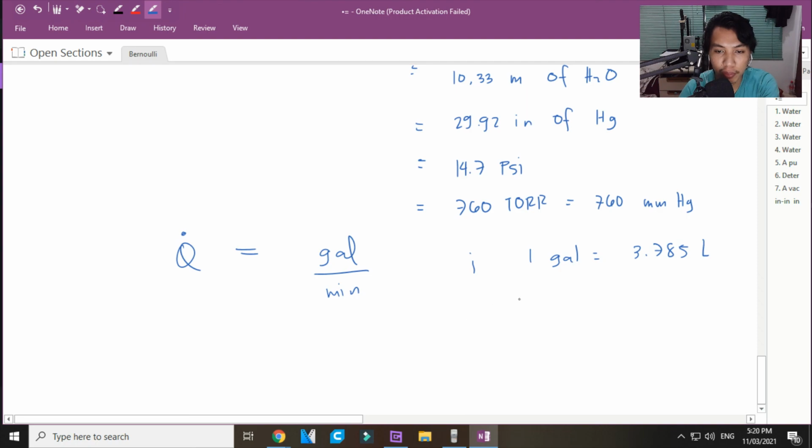One cubic foot is 7.481 gallons. Yan lang. Ito lang tandaan ninyo.